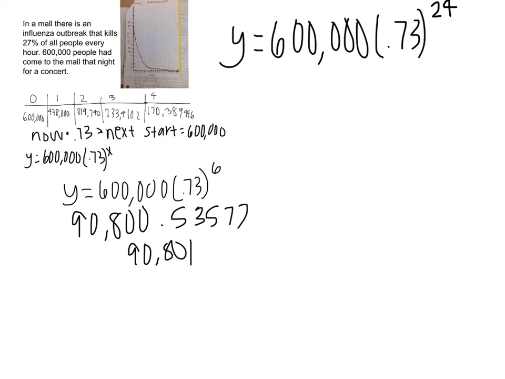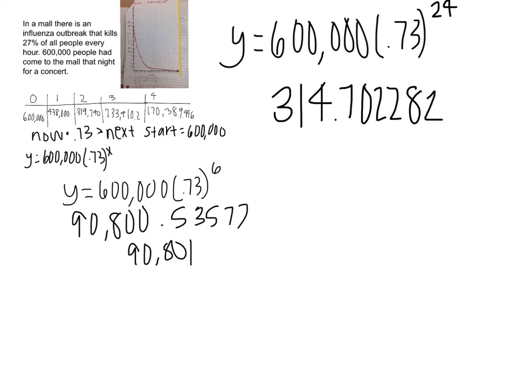If you do the math for this one, you will get 314.7022828. Again, you cannot have part of a person, so your final answer would be 315.